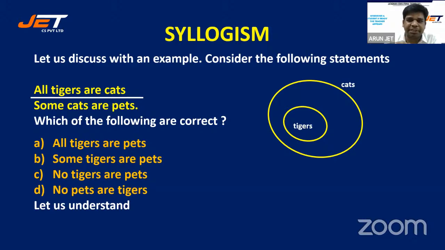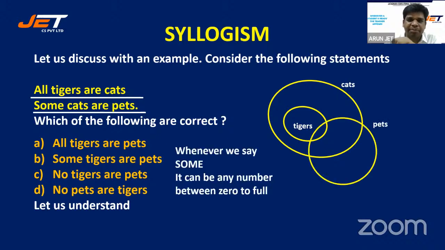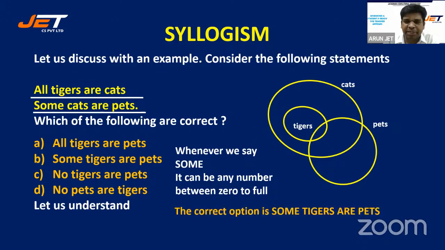And some cats are pets. Whenever we say some, it can be any number between 0 to complete full. So some means the circle of pets intersects this way, as shown in the diagram. Now, from this diagram, I can conclude the tigers and pets are intersecting. So, some tigers are pets is the right answer.